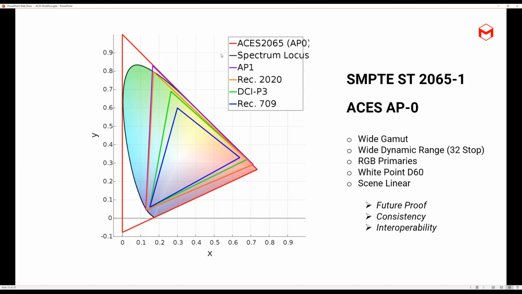And ACES AP0 is a wide gamut color space, and it is scene linear, and it exceeds the spectrum of color that we can see, the spectrum locus. It is way bigger than what human eyes can perceive. And the idea for it being so big is that you can future-proof your project.